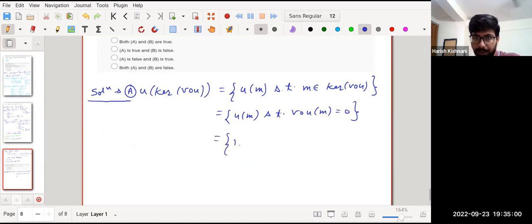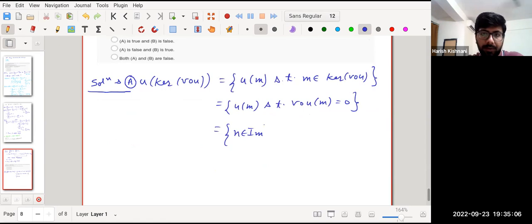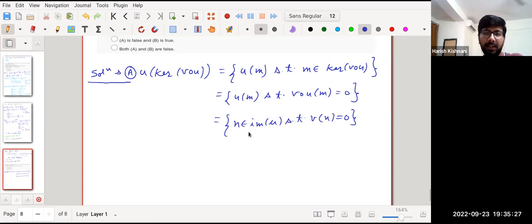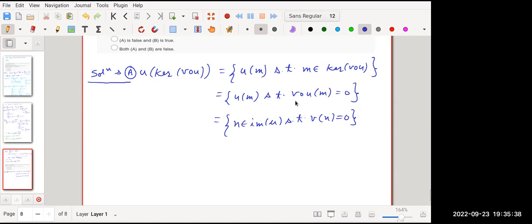So can I write it like that? n belongs to image of U, small Im, such that V of n is 0, right? If it is of the form, that will imply that it is inside image of U, and if it is inside image of U, that means that it is of the form Um for some m, right?